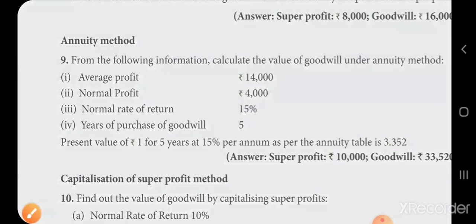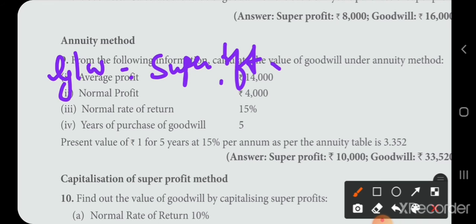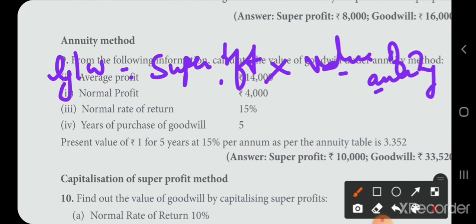Now, under the annuity method, the formula to calculate goodwill is equal to super profit into value of annuity. Now, value of annuity is given in the problem as 3.352. Now, super profit, is it given in the problem? No. You should find out.